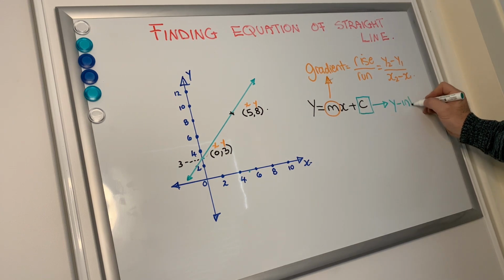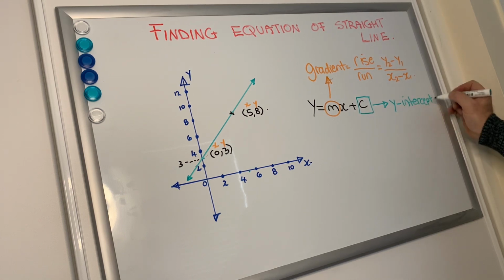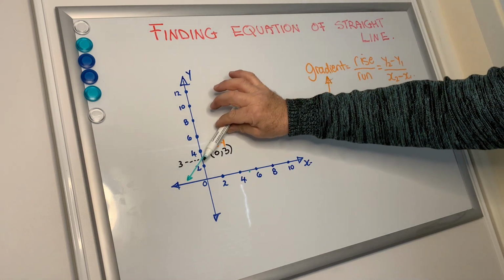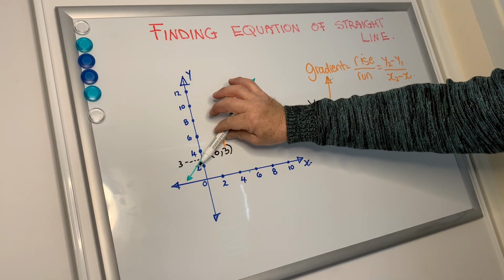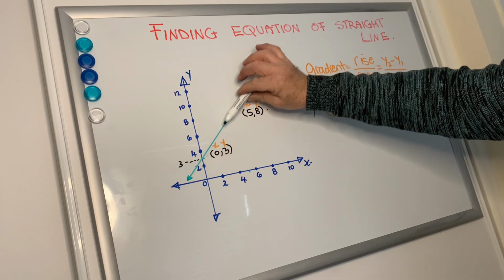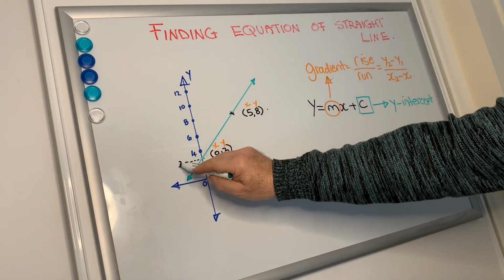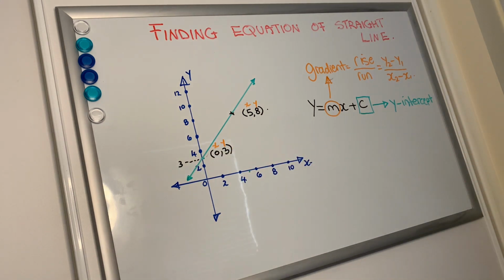When we talk about the y-intercept, it's where the straight line cuts through the y-axis, or it might just touch the y-axis, but it intercepts the y-axis. And in this instance, we already know that it's 3. So we've already got part of this information here.